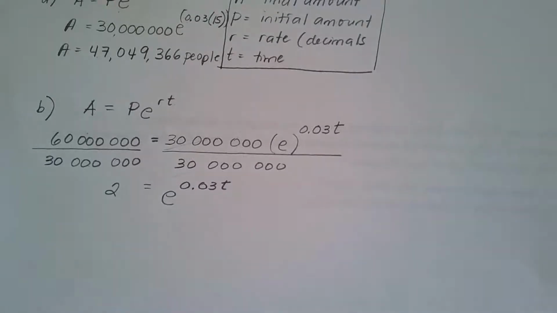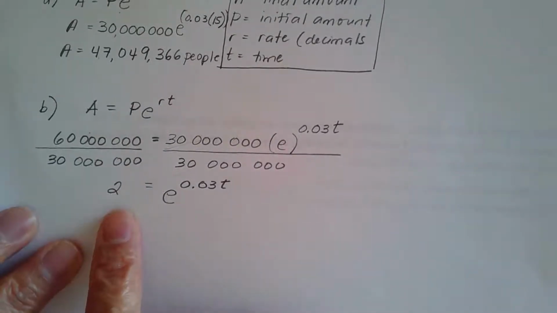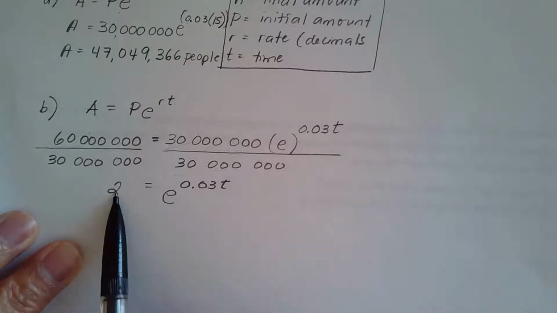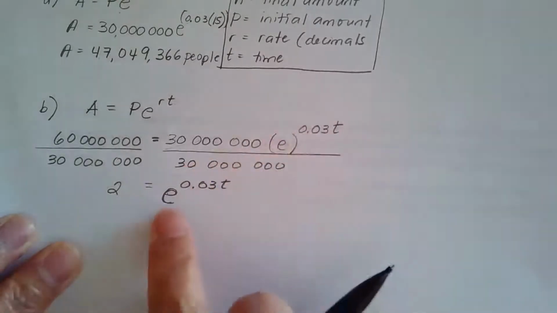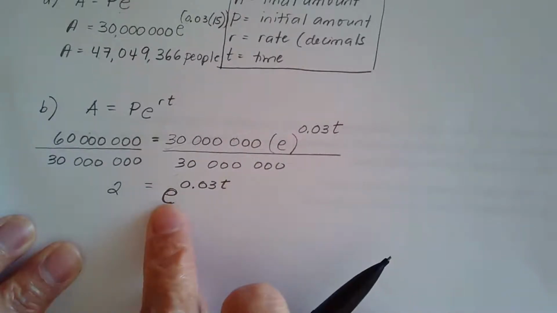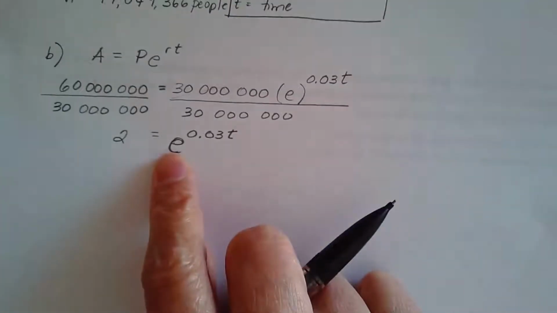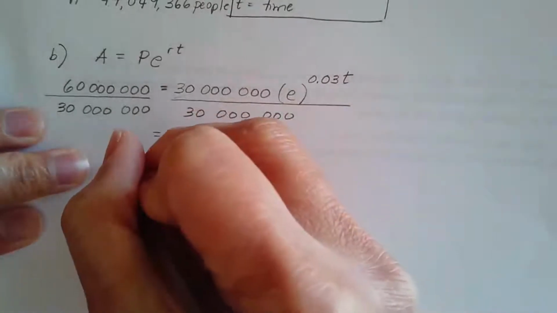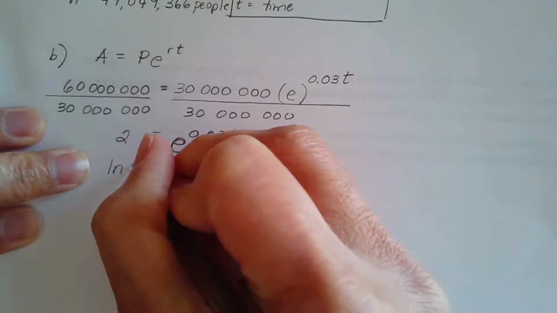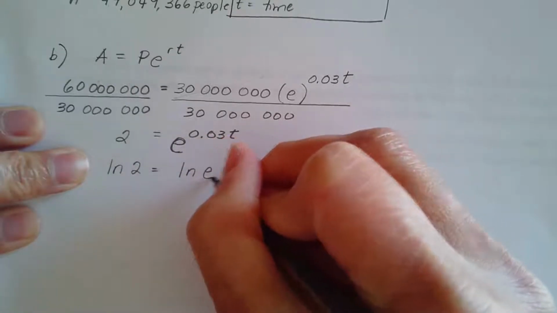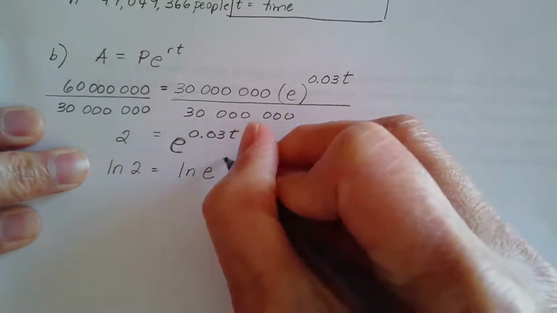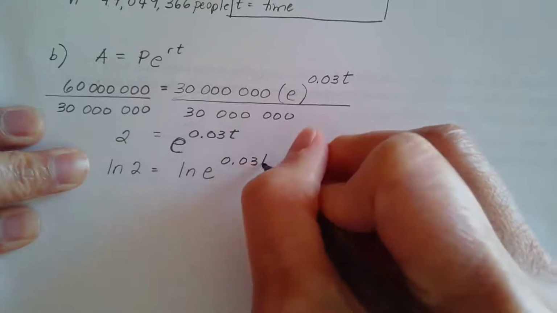Instead of using a logarithm, we can use the natural log because the base here is e. So let's take a look. We're going to take the natural logarithm of both sides of the equation. So natural log of e to the power of 0.03t.